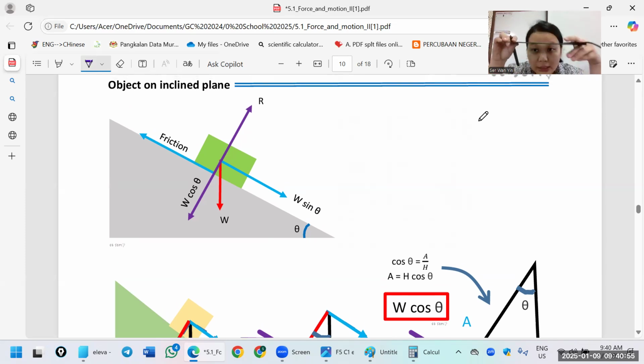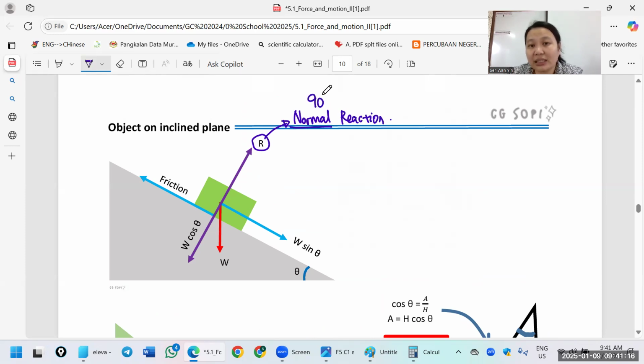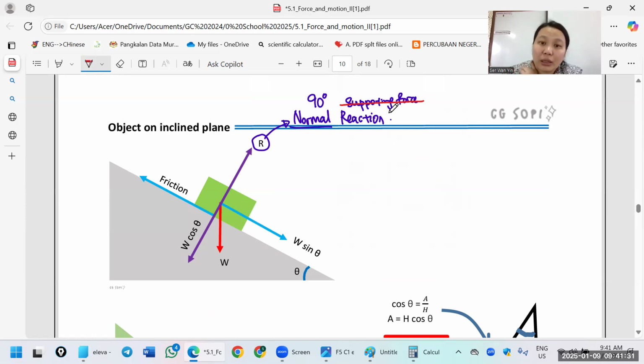Okay, so now this is a flat surface. Then what is the meaning of normal reaction? Normal actually means 90 degrees to the surface. Reaction means support. Don't just remember supporting force. We say reaction force. Reaction is also a force.